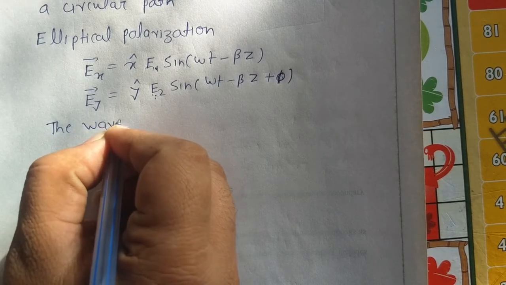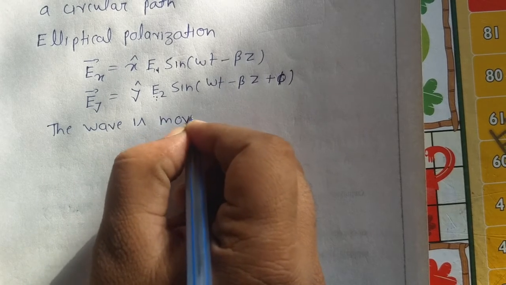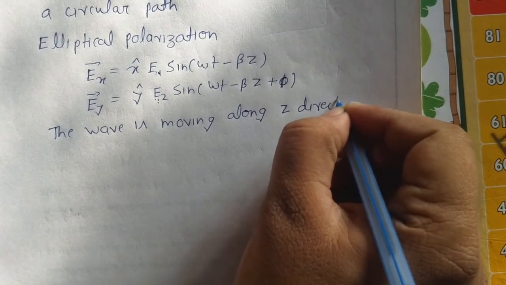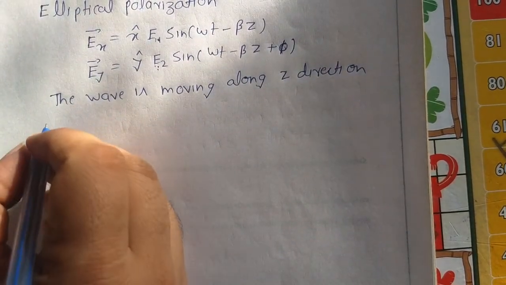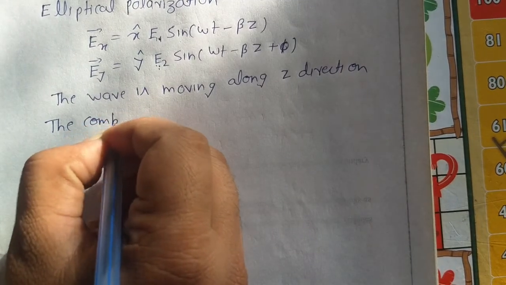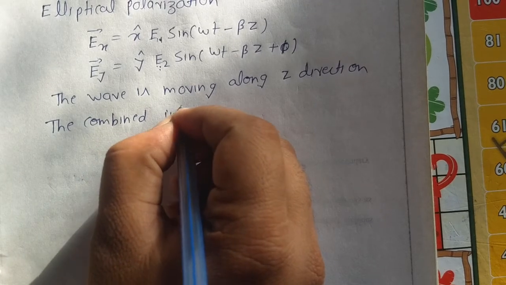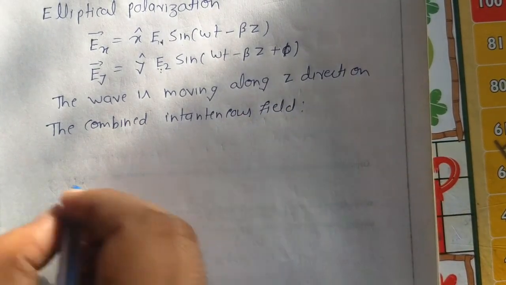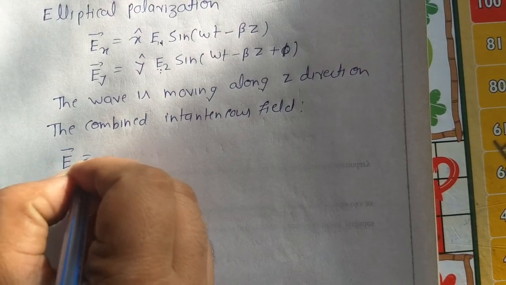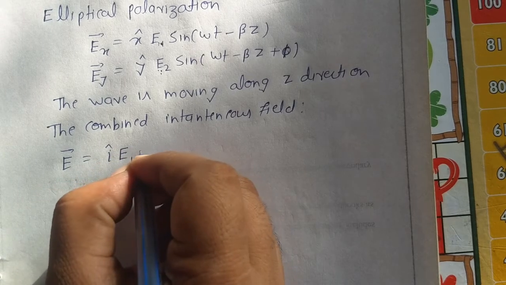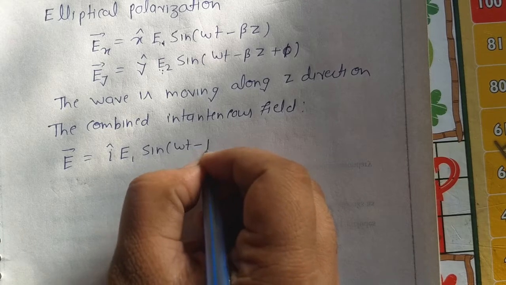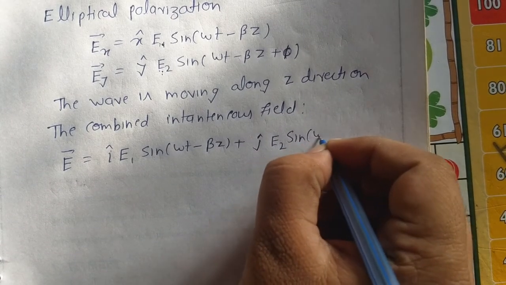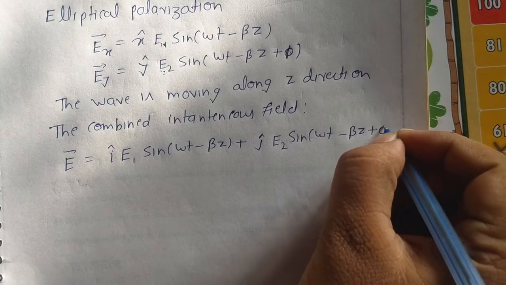The wave is moving along z direction. The combined instantaneous field is equal to x hat E1 sine omega t minus beta z plus y hat E2 sine omega t minus beta z plus phi.